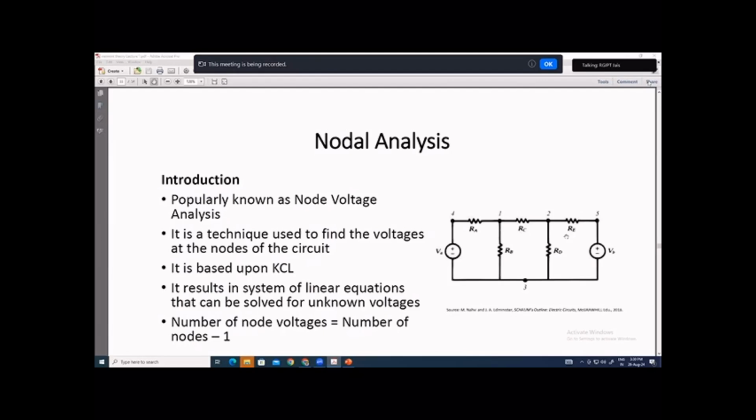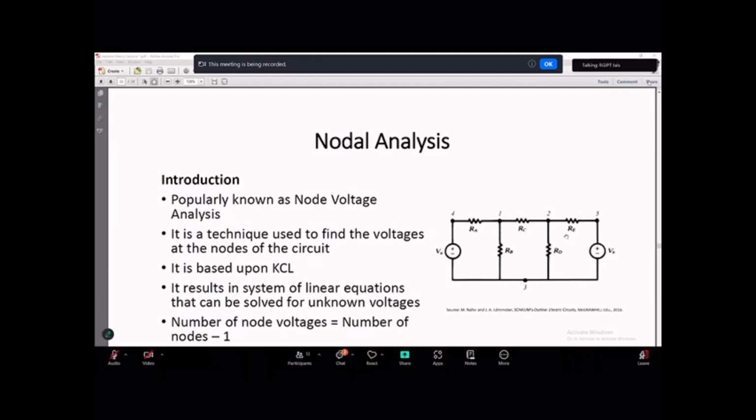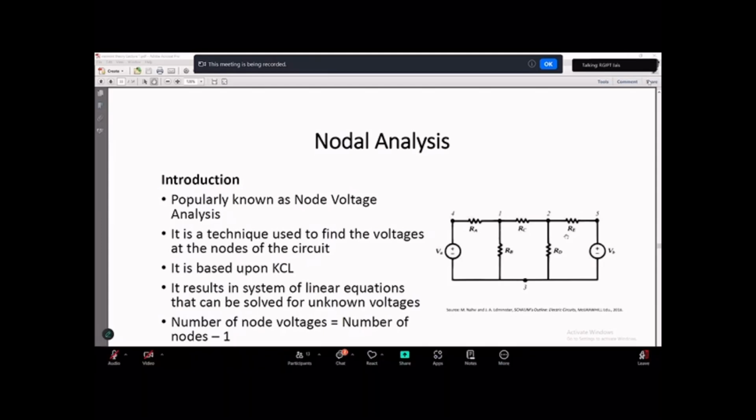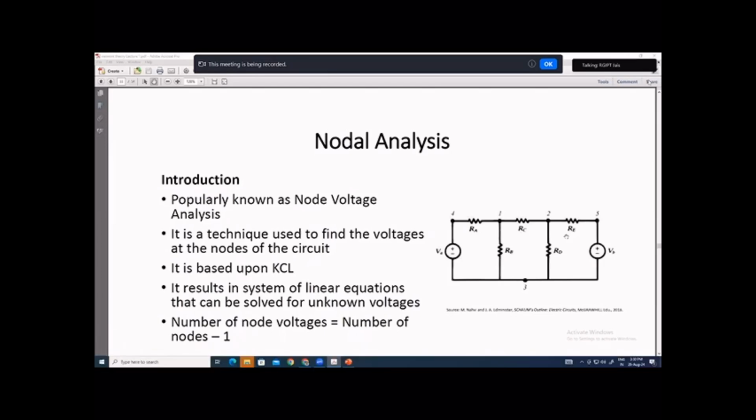That is the convention we have considered, that whatever current is in the clockwise direction, but it can be the opposite also. Consider it as anti-clockwise, but use that consistently, otherwise it will be difficult. Then you have assigned unknown currents to each and every mesh.